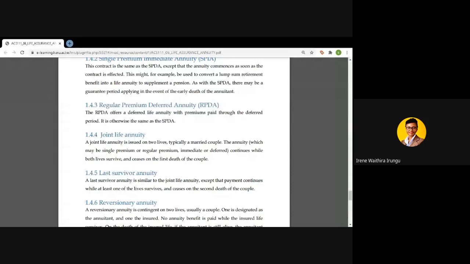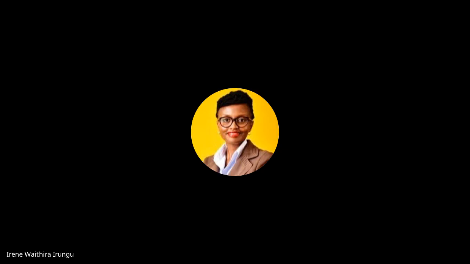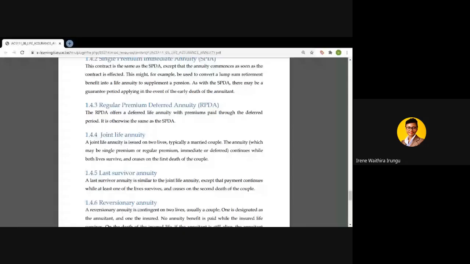That's why we can have a single premium immediate annuity and not a regular premium immediate annuity, because the policyholder will not have made enough payments for the contract. However, we can have the regular premium deferred annuity, because within this period of deferment, the policyholder will have finished paying up for the contracts.